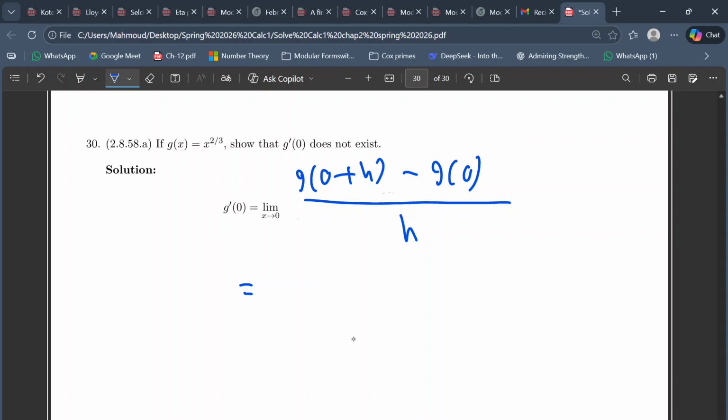Who wants to tell me the next step? The question tells you to use the definition. See here. Your professor is solving using the definition.